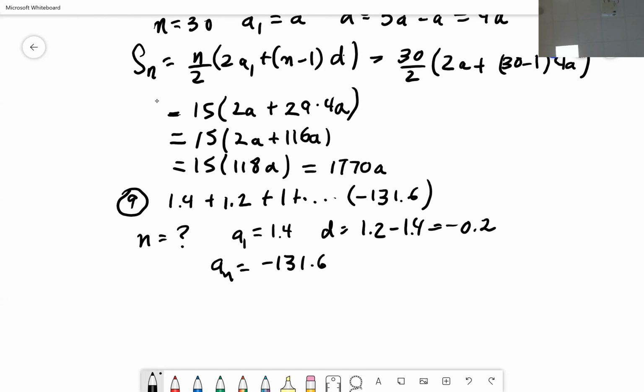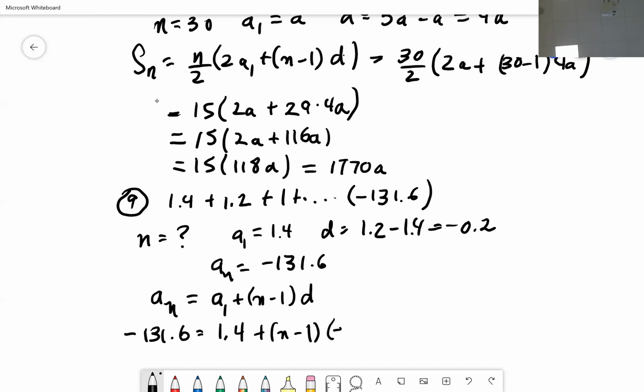So now if we take the formula for an arithmetic progression, a sub n equals a sub 1 plus n minus 1 times d. What we'll do is substitute negative 131.6 here, 1.4 here, unknown n is not substituted, and negative 0.2.